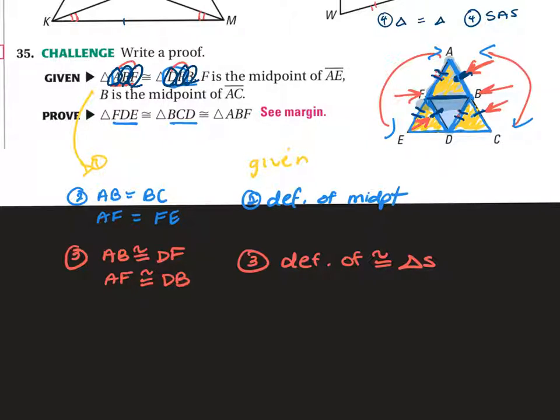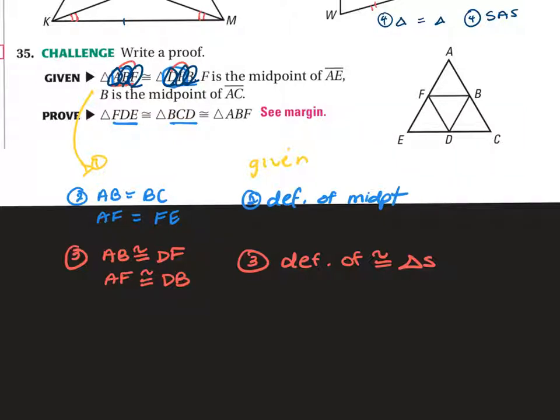Let me clear all this stuff off. Okay, so the last thing we said was that A would be congruent to D, B would be congruent to F, and, oh wait, no, not that F. This one.